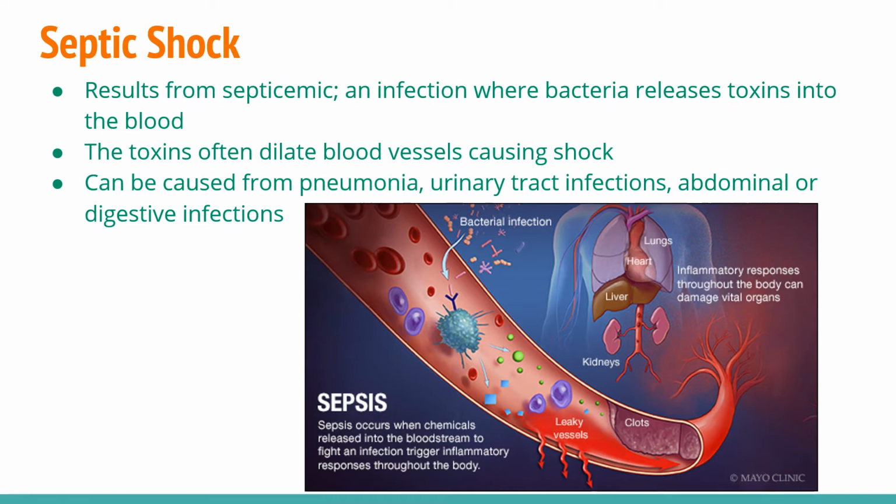So we definitely see a lot of septic shock, and the big challenge is maintaining their blood pressure. Aspiration is another one that can cause sepsis, and we'll talk more about that too. All these things are coming up.